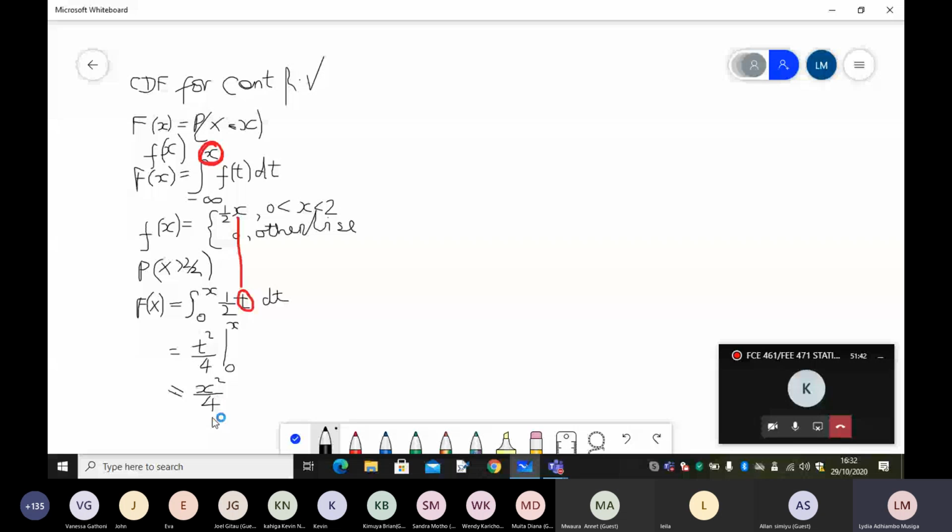So how do we represent our answer? We will represent it in 3 parts. Capital F of x, first and foremost, is equal to 0.